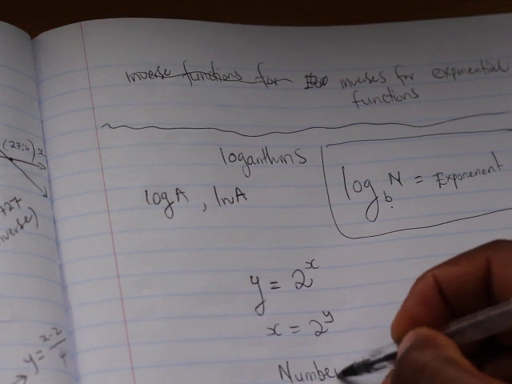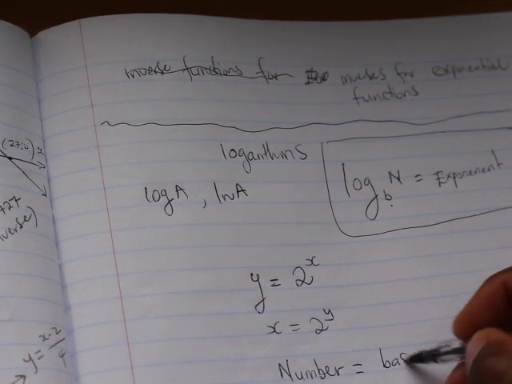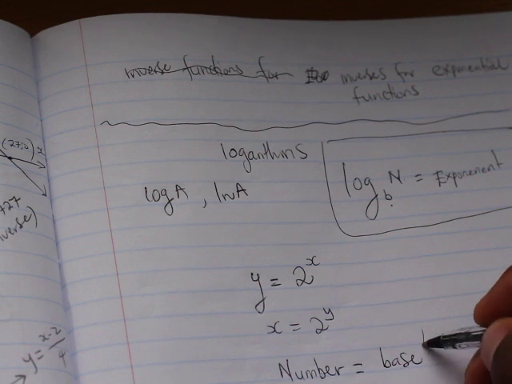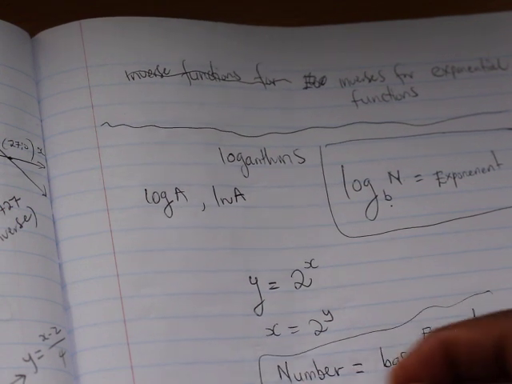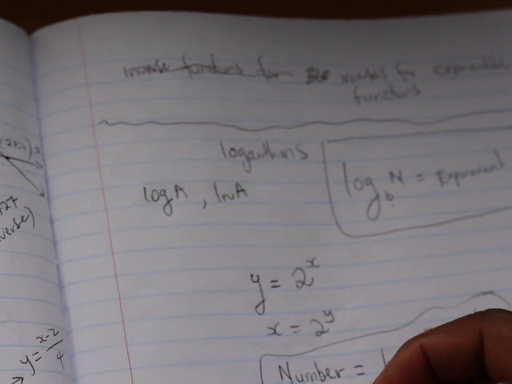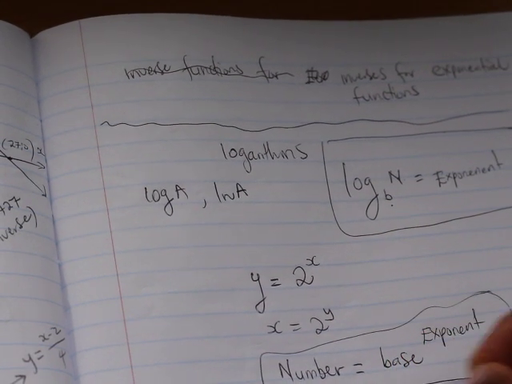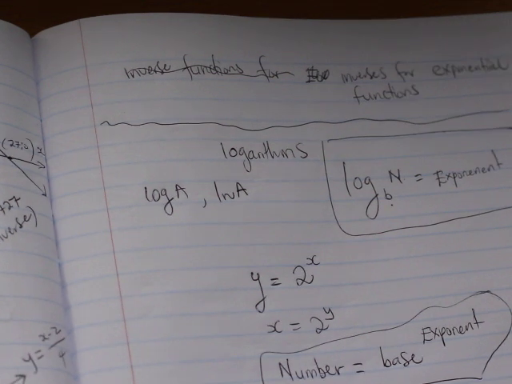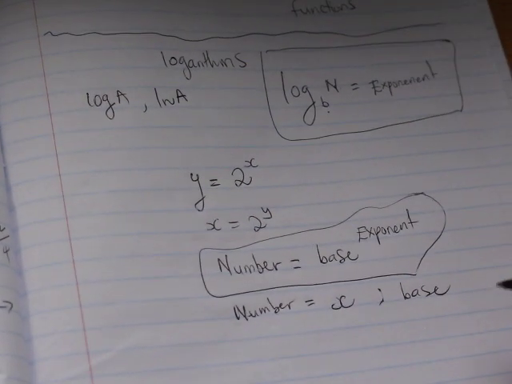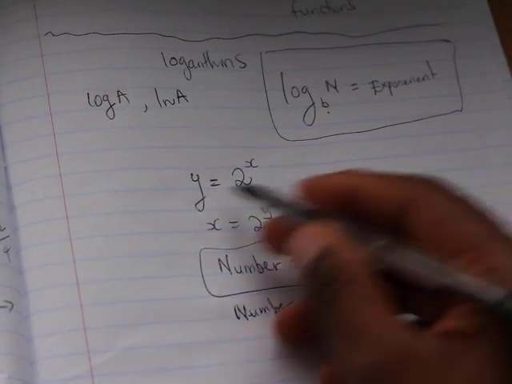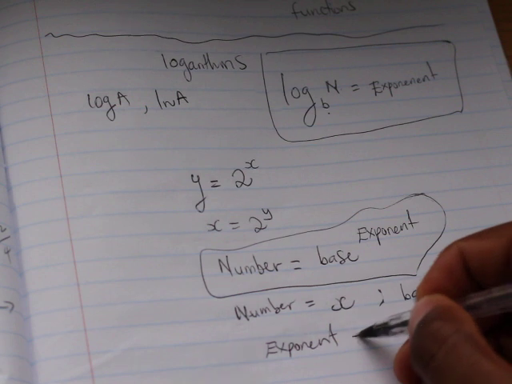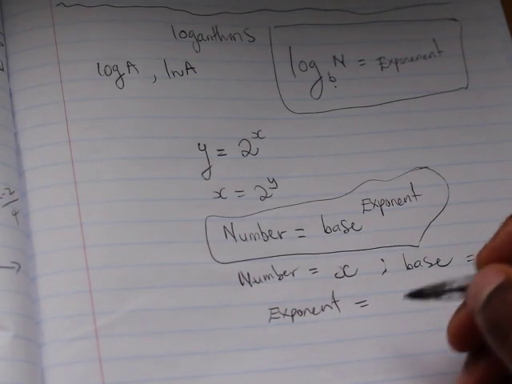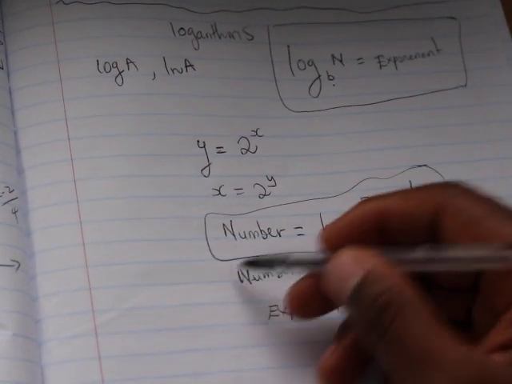So this is in the form of number is equal to base to the exponent. The number, that's your x, and then the base, that's your 2, looking at that, and then the exponent, that's your y. So that's the situation over there.